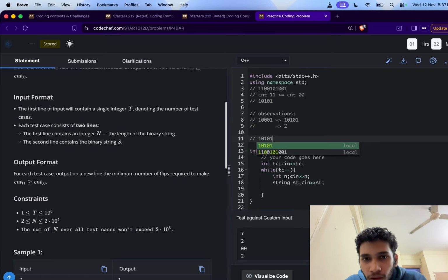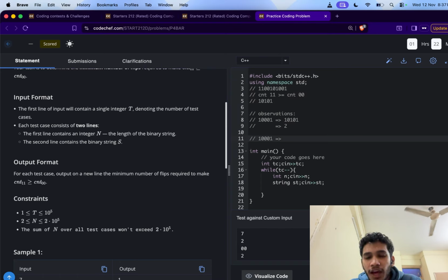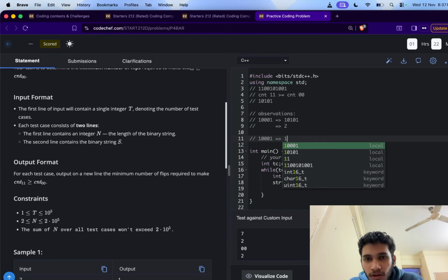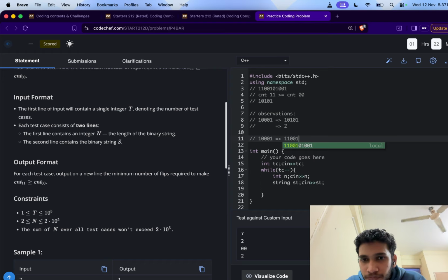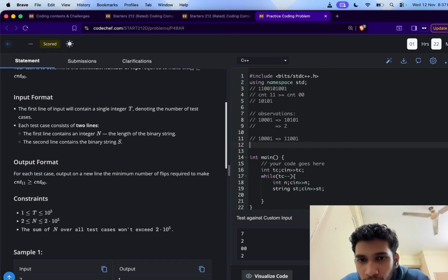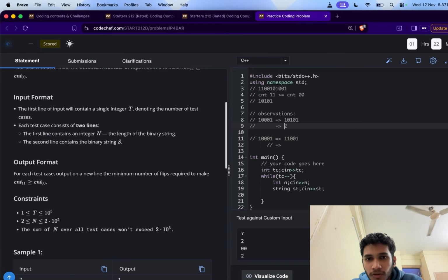Similarly, if instead of the middle index we had performed the operation on the second index, what would this have become? This thing. And what happened in this scenario? The count of 1, 1 has increased.